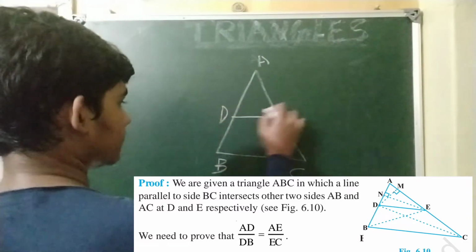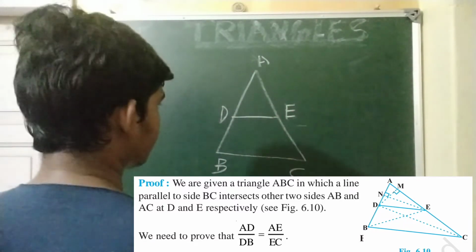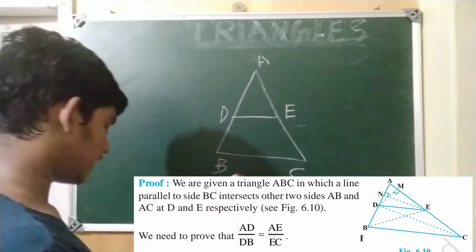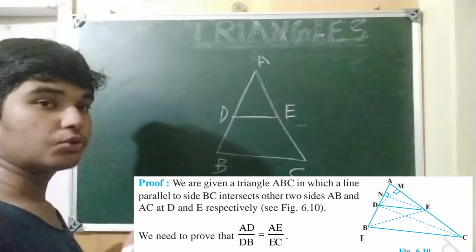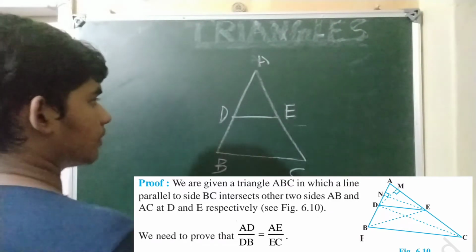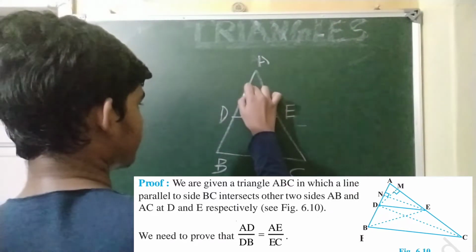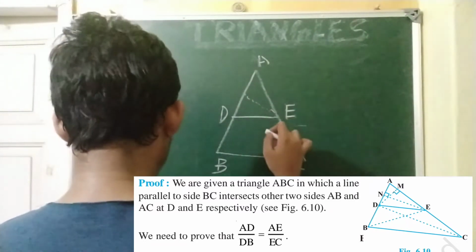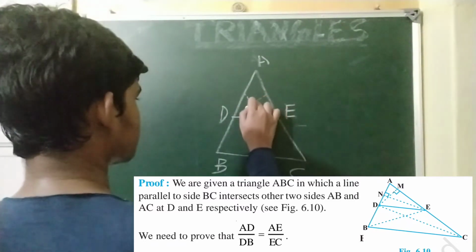Let's take the line that joins both sides of the triangle. Let's take it as D and E. Now we need to draw two imaginary lines. So first we have a perpendicular line, and another one.